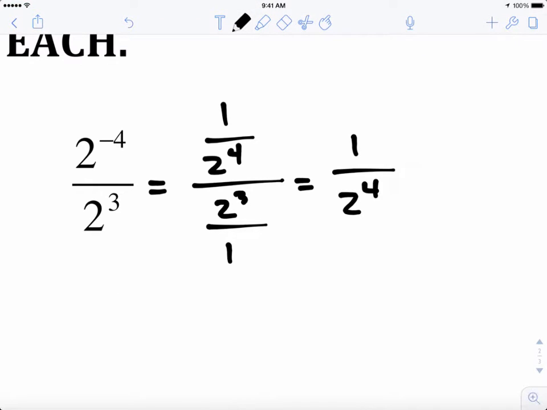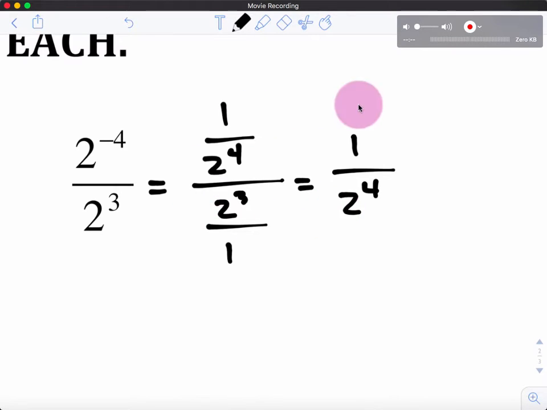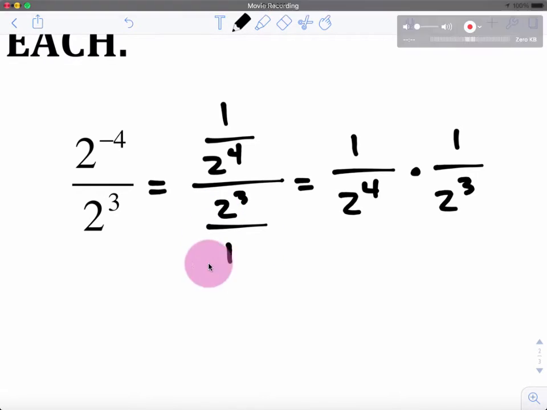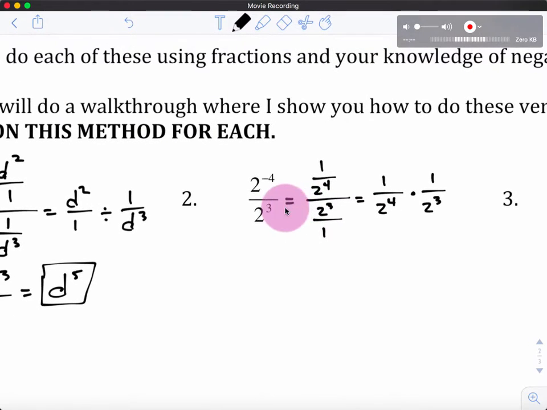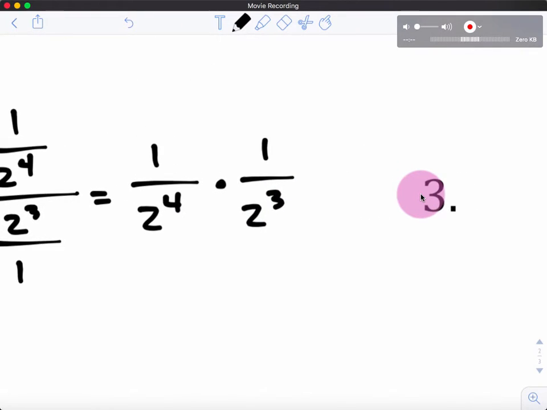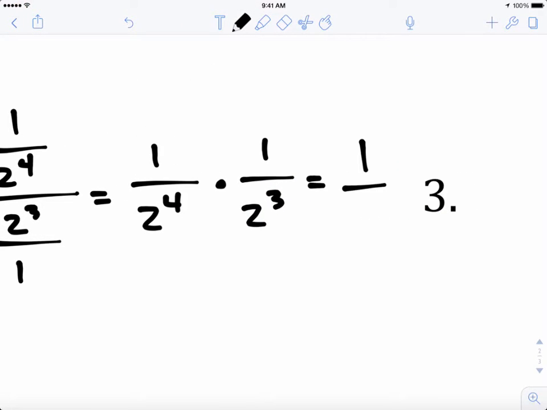And instead of writing the division sign right here, I'm comfortable with my fractions. I know immediately I'm going to multiply by the reciprocal of our denominator, so 1 over 2 to the 3rd. If you need to write that interim step with the division sign, like what I did right here, go for it. But eventually I'd like us to be comfortable enough to get right to here. And I think we know that our product will be 1 over 2 to the 7th power.